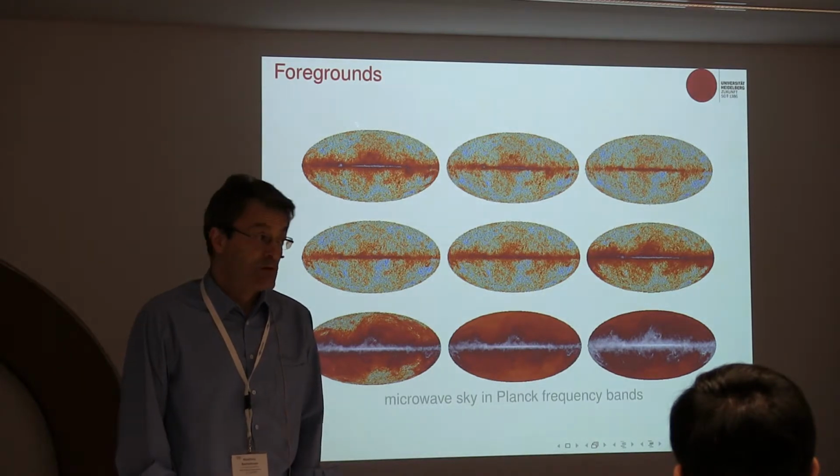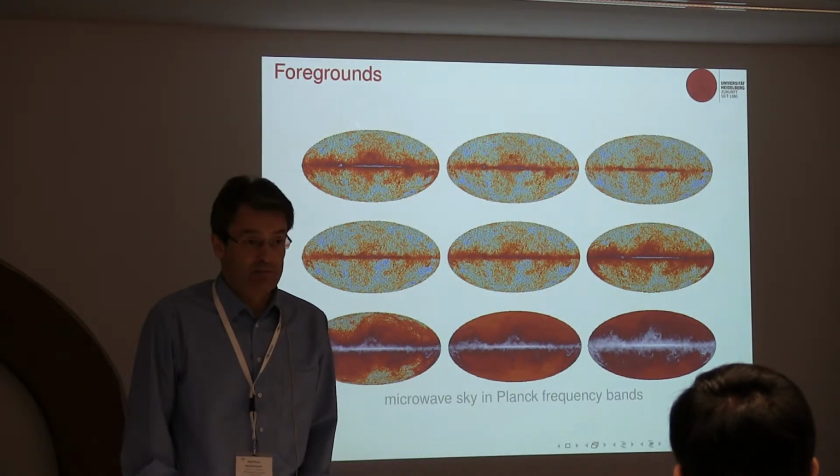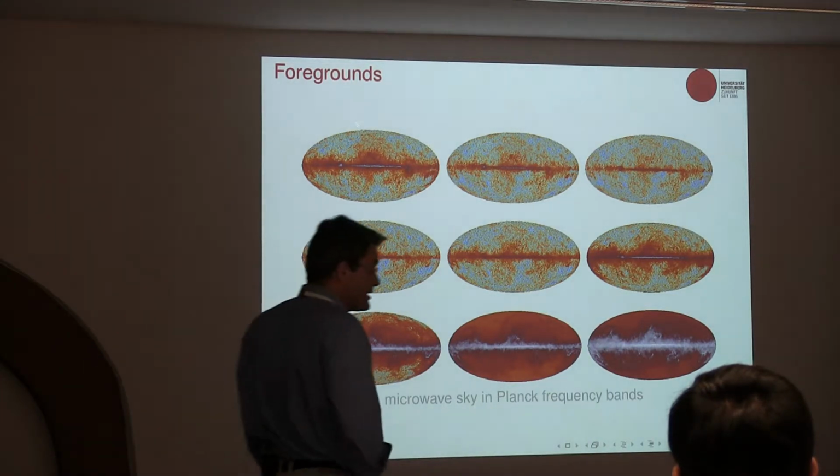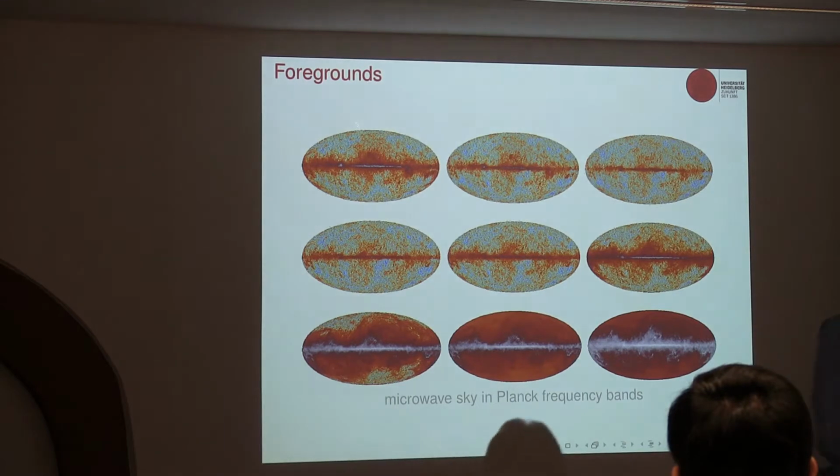Right? Because all the foregrounds do not have a Planck spectrum. But we know very well since COBE, I showed you the spectrum yesterday, that the cosmic microwave background does have a Planck spectrum. So essentially you maximize that part of the signal that corresponds best to a Planck spectrum across all the frequency channels.